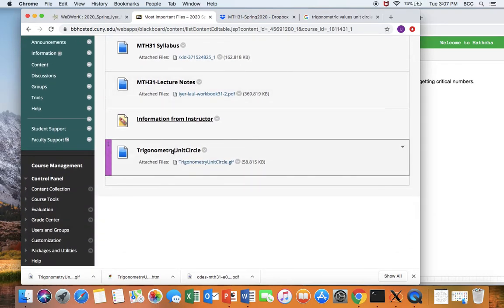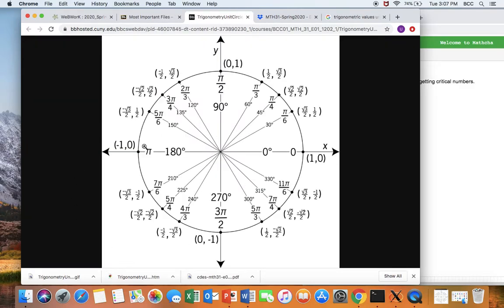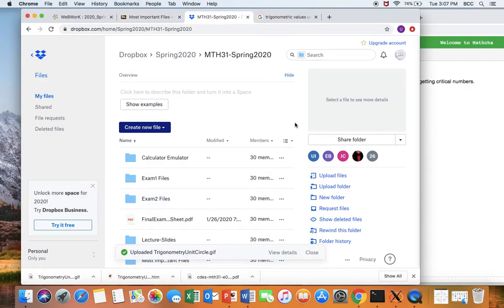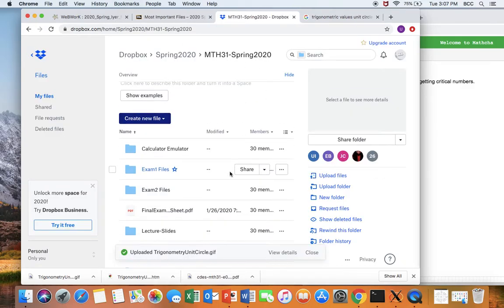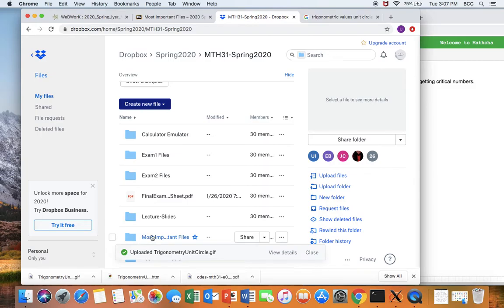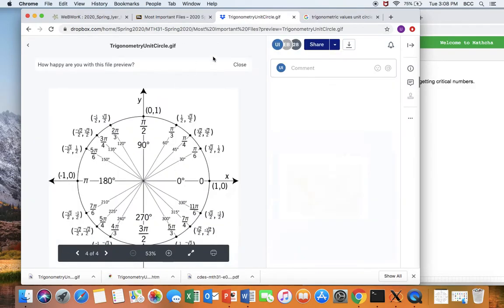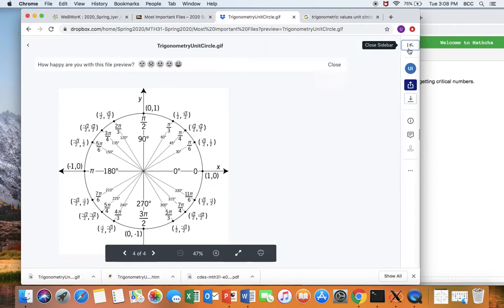I have uploaded the unit circle file for you. For me it immediately opens, but for you it might download. Another place you will find it is in our Dropbox for Math 31, in most important files, where I have put the trigonometric unit circle.